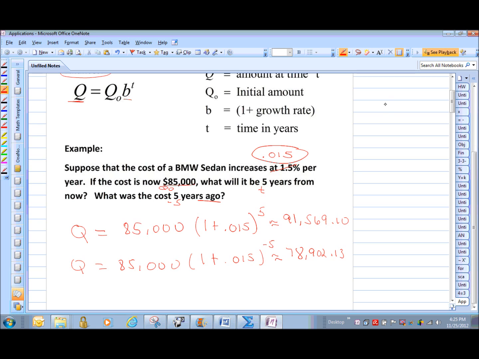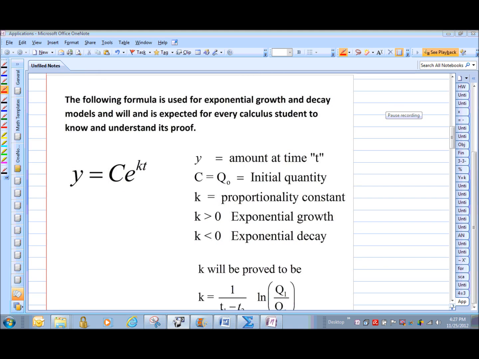That one's pretty easy. Next, we want to talk about a manipulation of that same type of formula. Y now is the amount after time has passed. This is used for exponential growth and decay models and is expected for every calculus student to know and understand its proof. C is the initial quantity, the same as the Q sub 0.